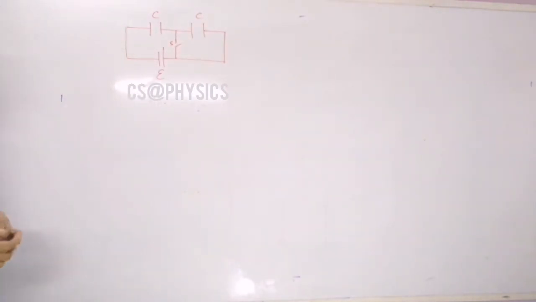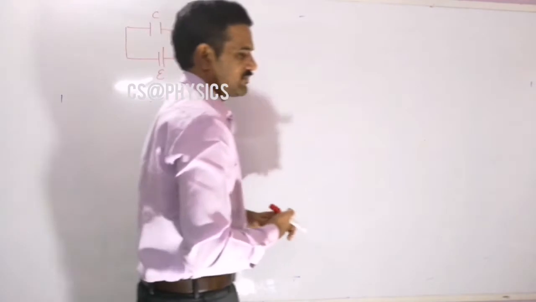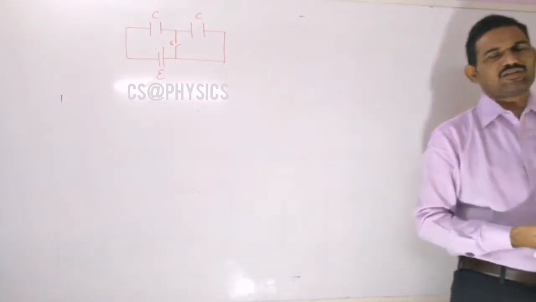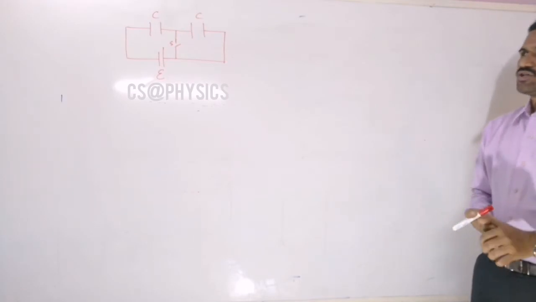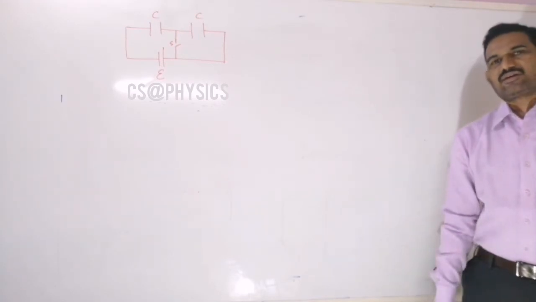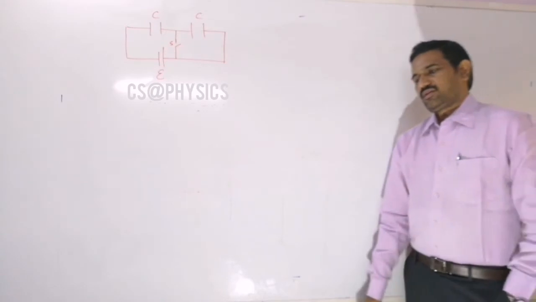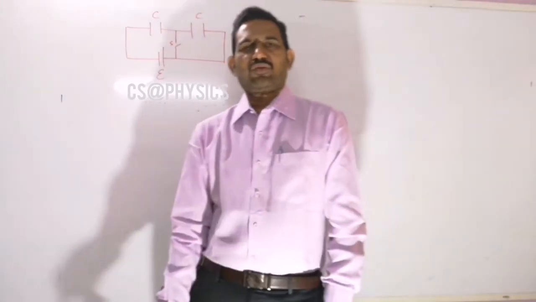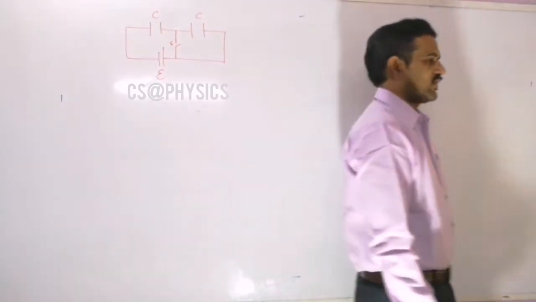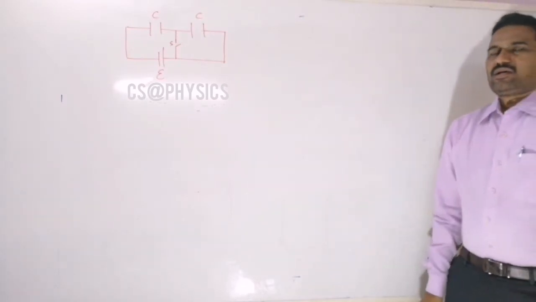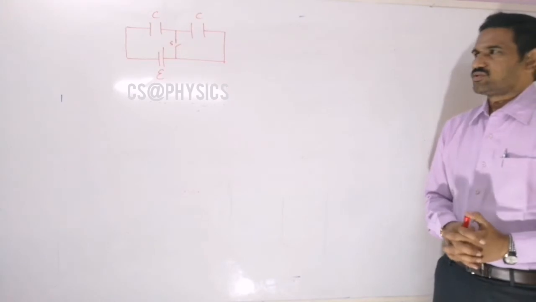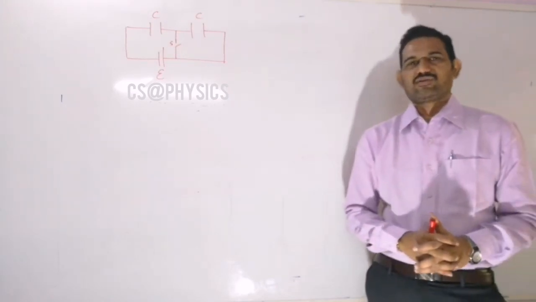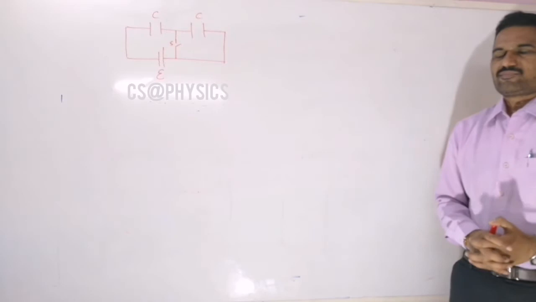And so now we need to write that question. In the circuit shown in figure, initially the switch is opened. Find the charge flowing through the switch when it is closed.